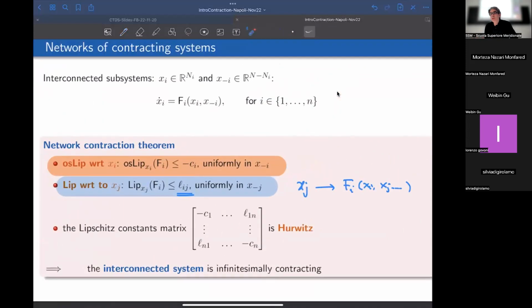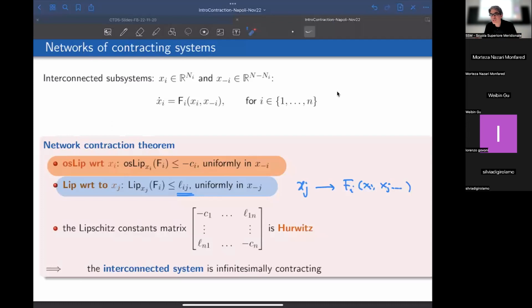Now, we are hoping that this matrix is Hurwitz. We're hoping that this matrix has all eigenvalues with strictly negative real part. If so, then one can show there exists a norm, and I should show you what that norm is, such that your interconnected system is infinitesimally contracting.